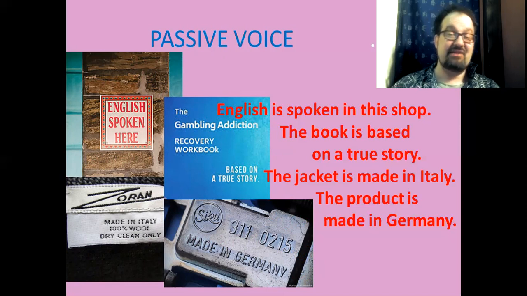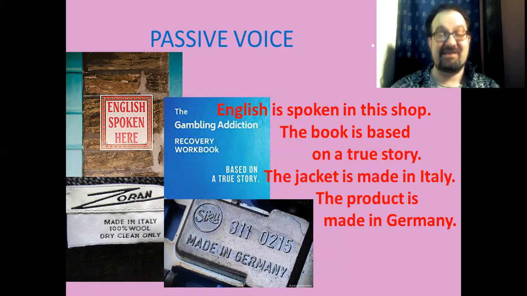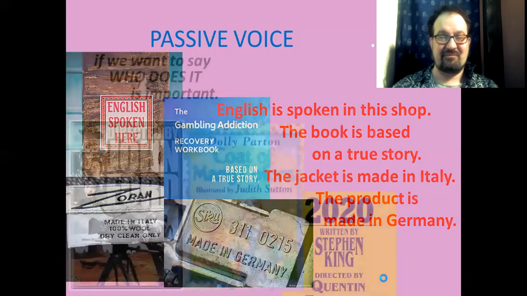It is made in China. It is made in Europe. This jacket is made in Italy. Okay, so made is the third form of make. That's why it is in passive voice now.